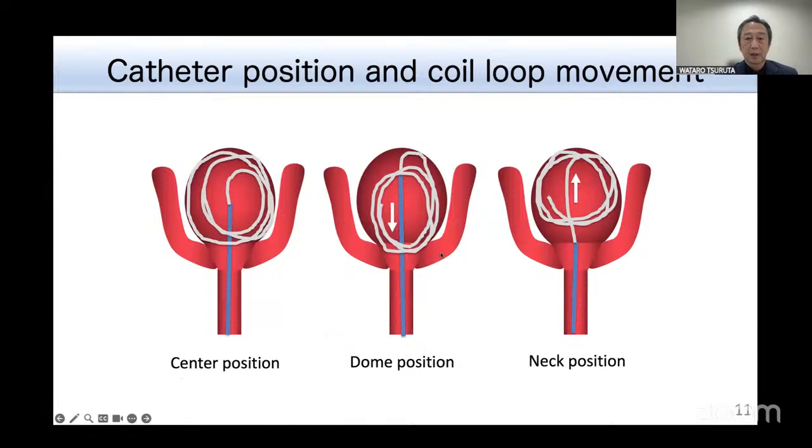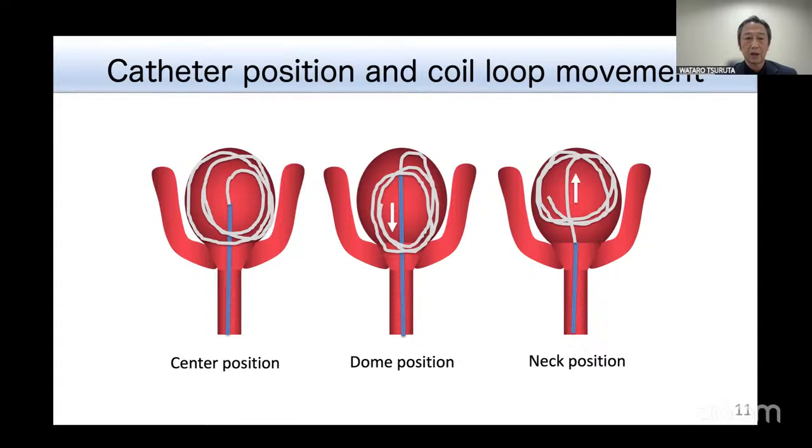Coil loop movement differs according to catheter position. When the tip is at the center, coil loops spread concentrically. At the dome position, the deeper position, coil loops come back to the neck. On the other hand, at the neck position, coil loops go into the deeper side, to the dome.